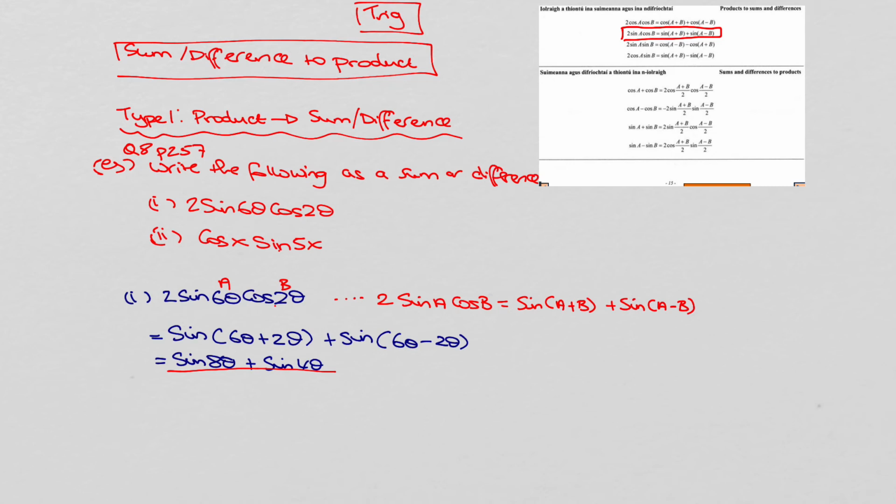So the second one then we want to do is cos x sine 5x.